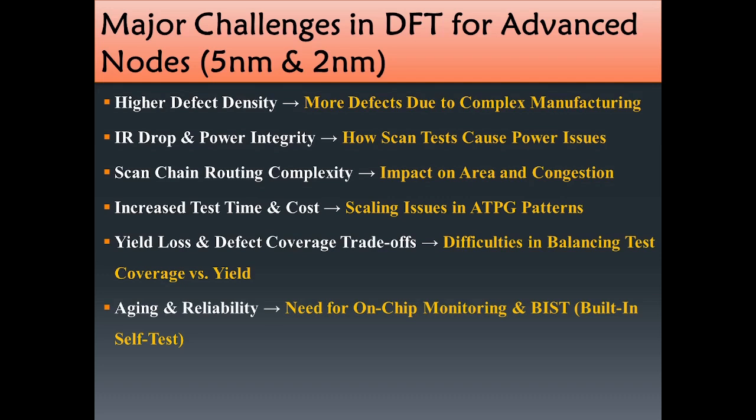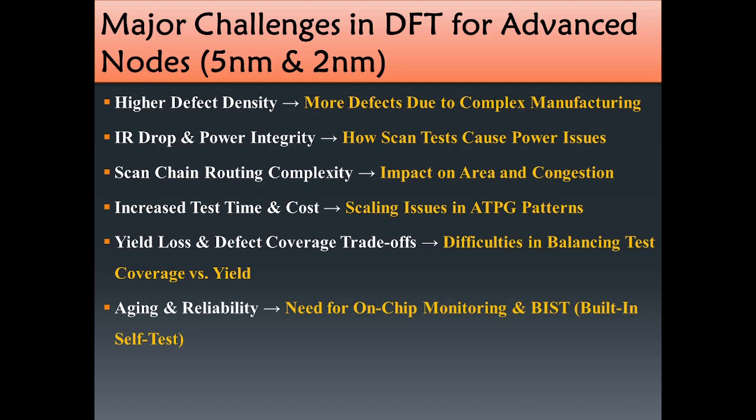So let us see what the major challenges in DFT for advanced nodes like 5nm and 2nm are. The first challenge is higher defect density, which gives more defects due to complex manufacturing. As we move to 5nm and 2nm nodes, the defect density increases due to the intricate manufacturing process.